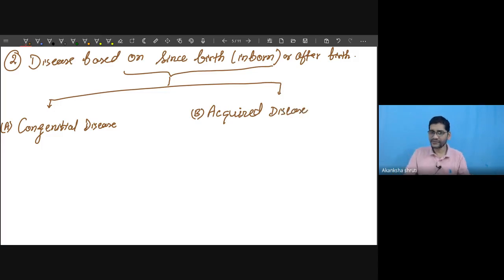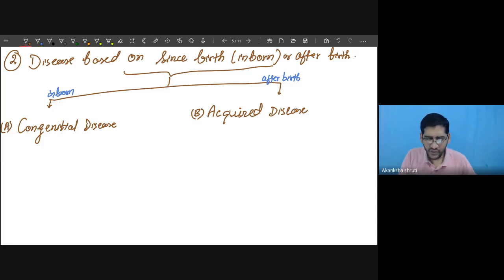Students, so congenital disease and acquired disease. Now this acquired disease occurs after the birth, whereas this is inborn and this occurred after birth.